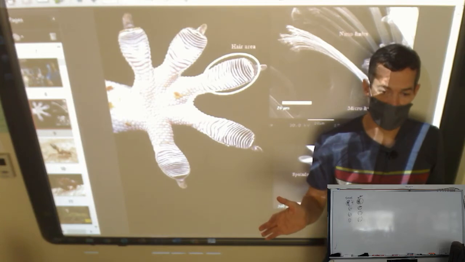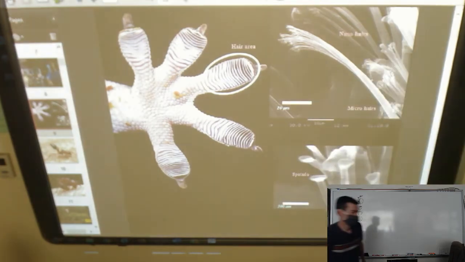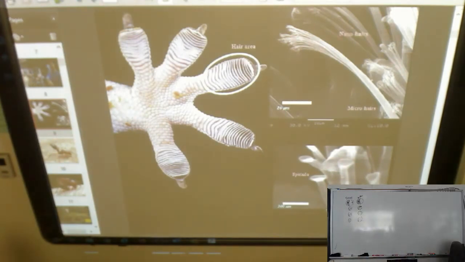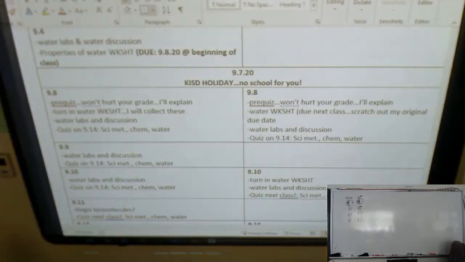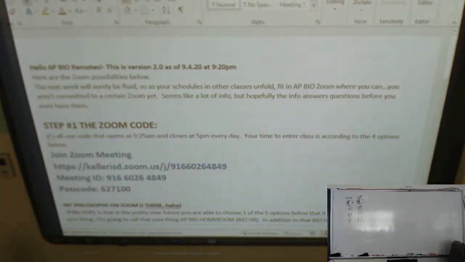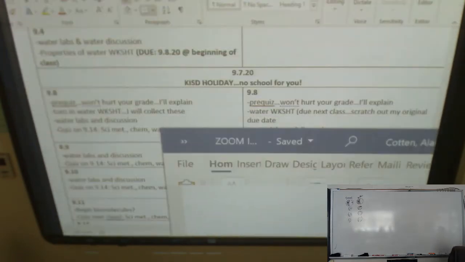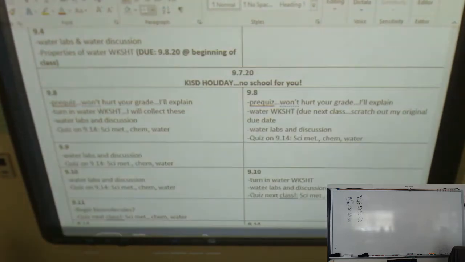Crap, I'm supposed to have kids zoomed in right now. Hang tight. Let me grab my Zoom info. Sorry about that.